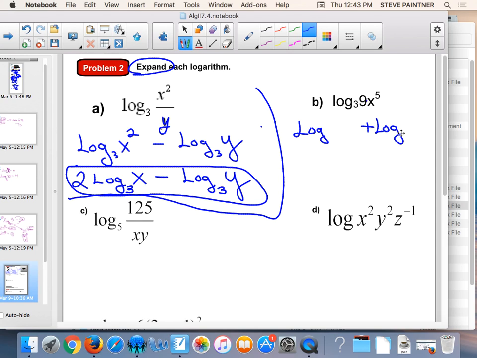Okay, help me with the numbers. 9, that's it, base 3. And then what? x to the 5th, base 3. There's only one thing you can do: put the 5 out in front. Log of 9, base 3, plus 5 log of x, base 3.